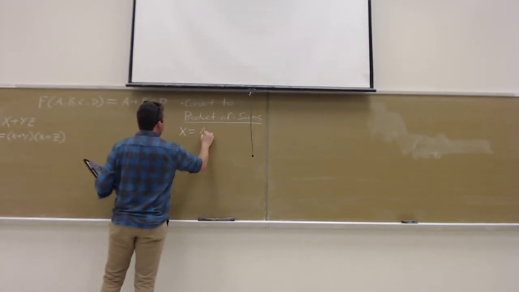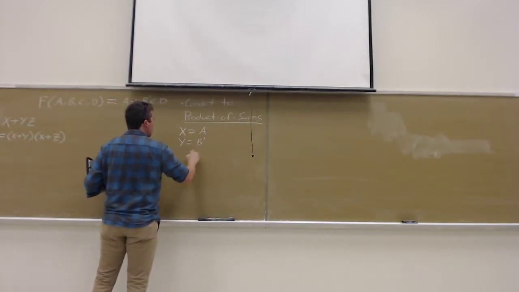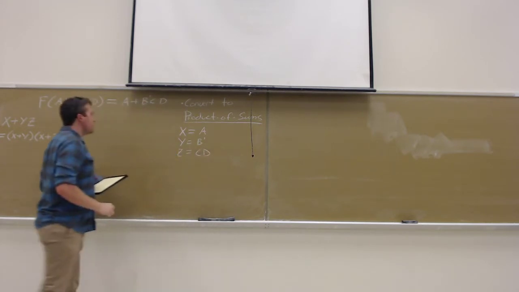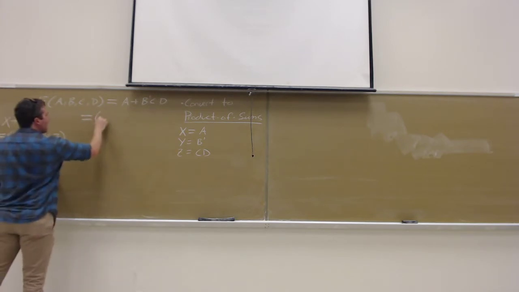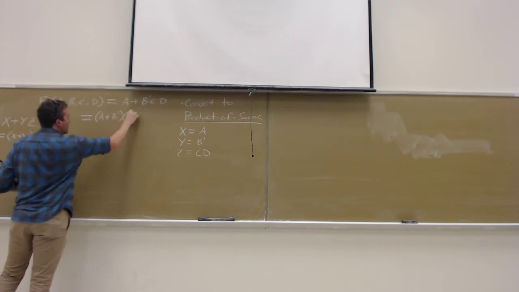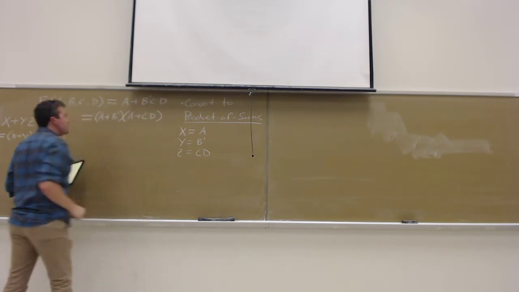You said X equal to A, Y equals B naught, and Z equals CD. C and D. And that got you what? A or B naught and A or C and D.